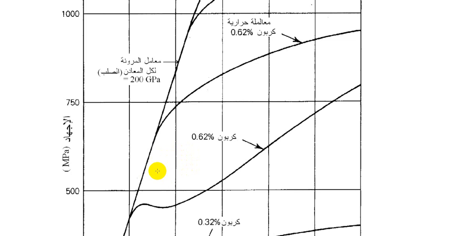The differentiation is exactly in the stress strain curve, the differentiating of the behavior. Basically, the behavior here is differentiated very much.